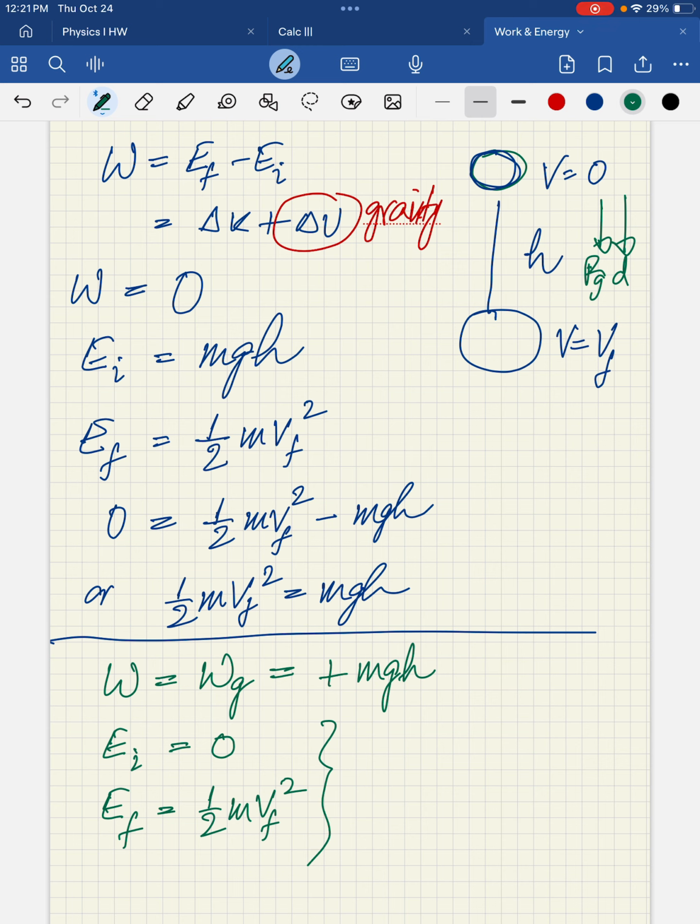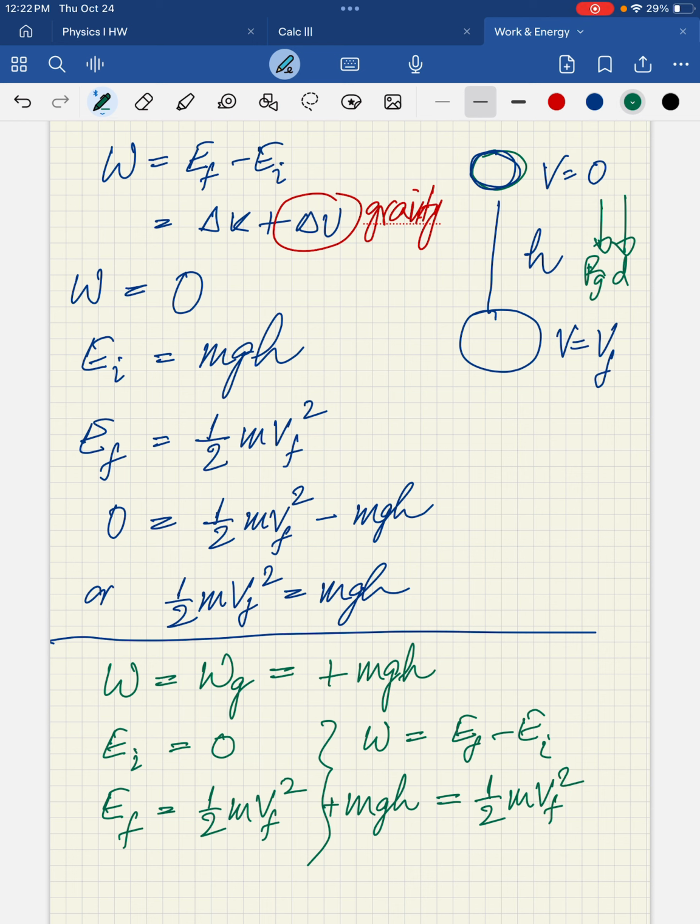Now if you set it up in the same equation again, work done is equal to EF minus EI. Then you will say mgh, work done, it's positive, so I'm going to use the sign positive, is equal to EF, half mvf square, minus EI, which is 0.